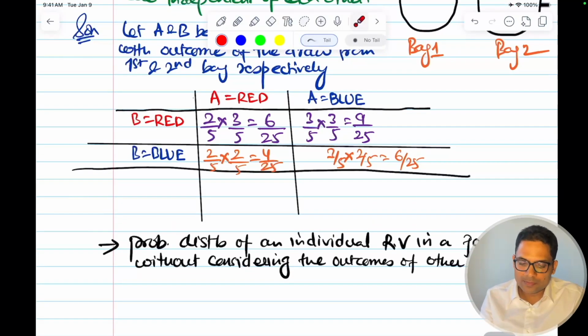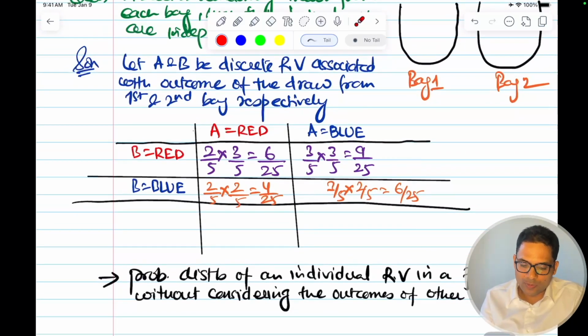Here in this example, if you consider only this, that in the first draw I got a red ball, what is the probability of that? I got these values. So the probability of getting a red ball in the first draw and a red ball in the second draw is 6 by 25.